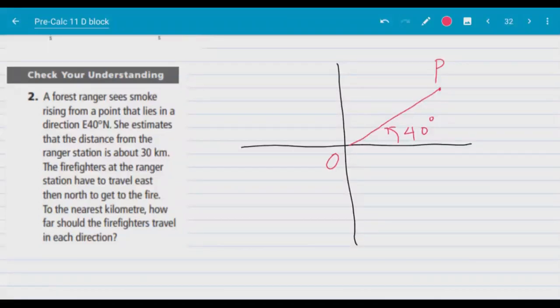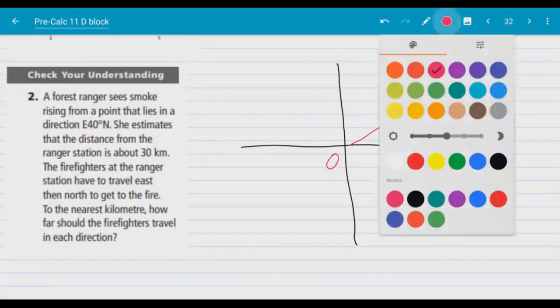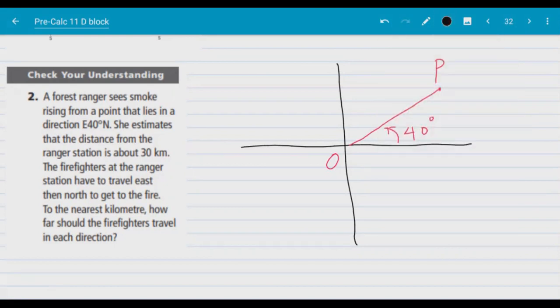Now, she estimates that the distance from the ranger station is about 30 kilometers. What this is saying is that the fire is 30 kilometers away from the ranger station, so this one is 30.